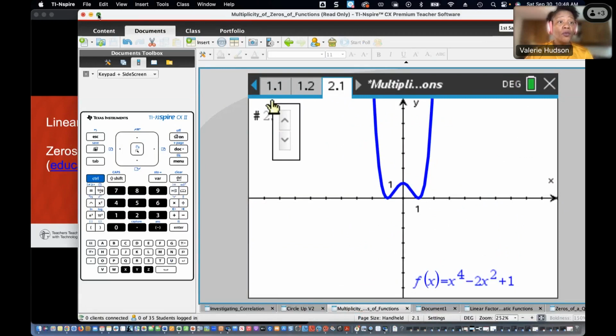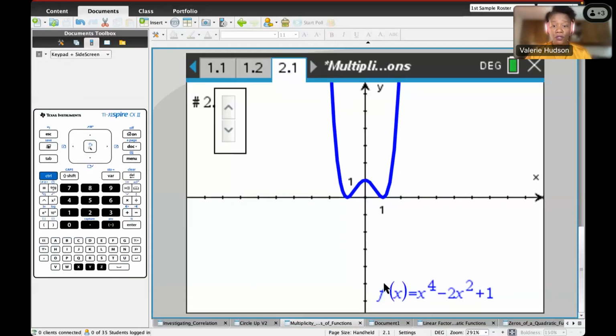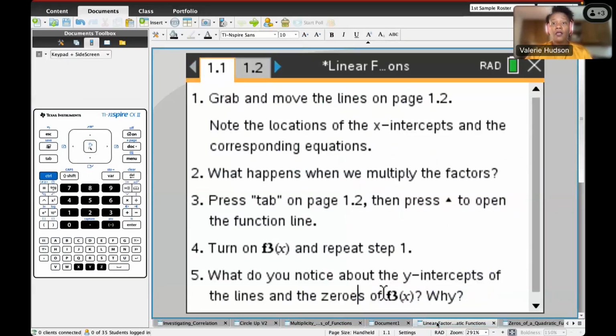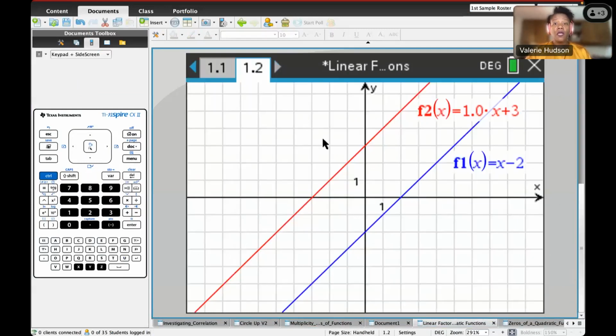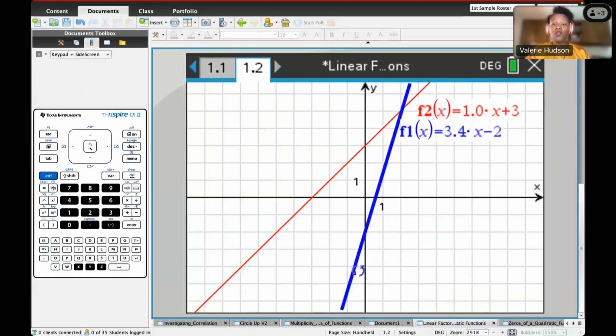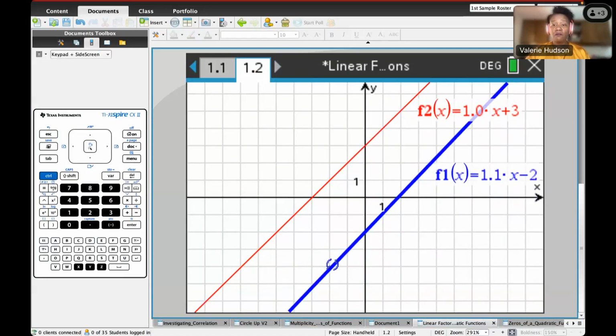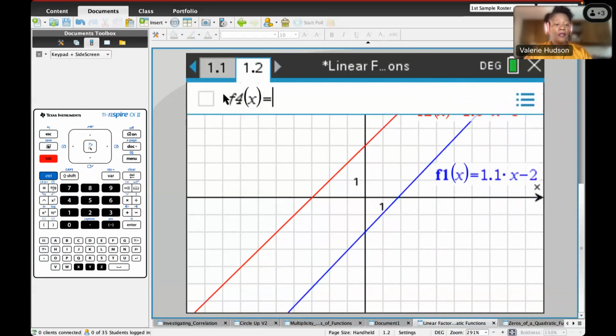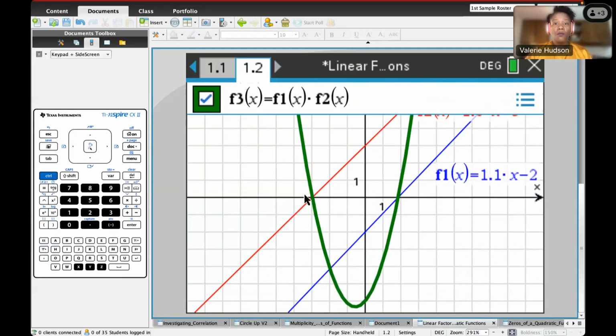I'll show you the activity first. I have some directions, and this will be in your folder. We have a couple of lines, and students will be able to grab and move the lines. And then, what happens when we multiply those lines or those equations together?